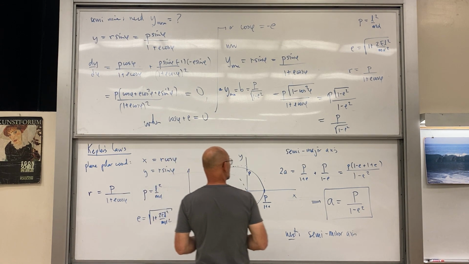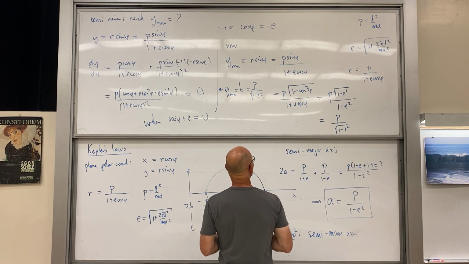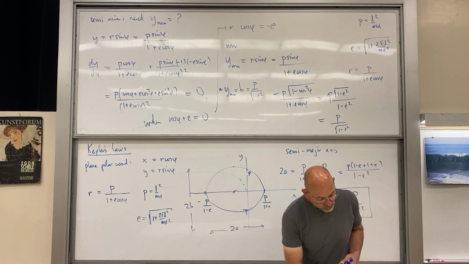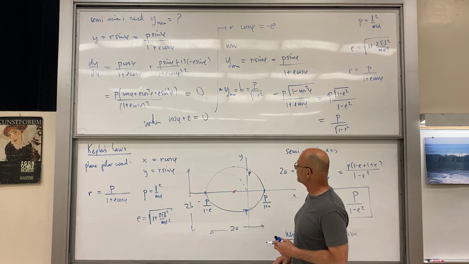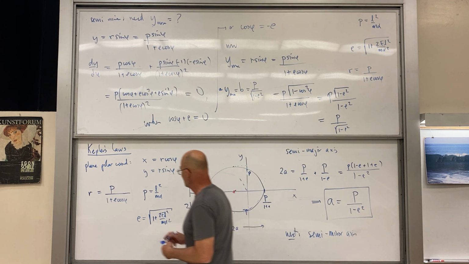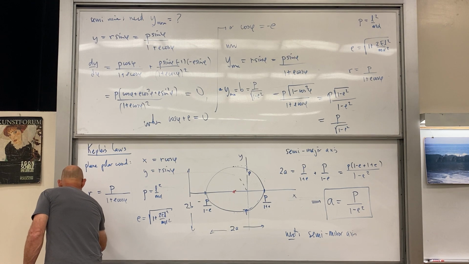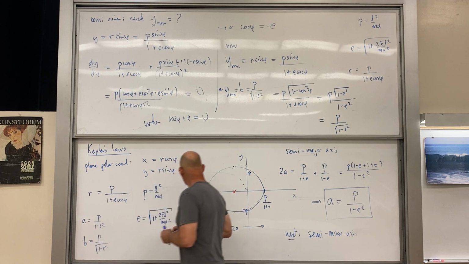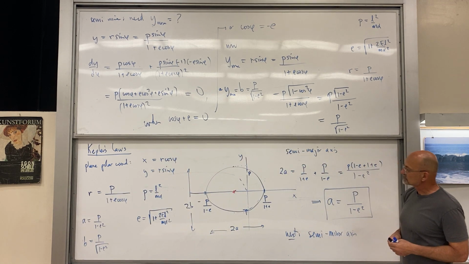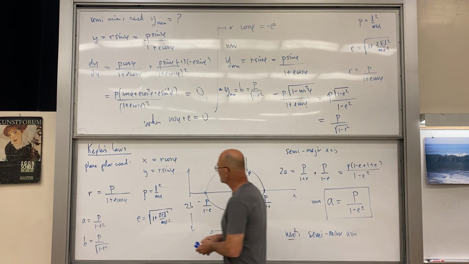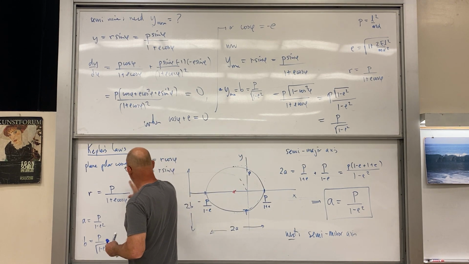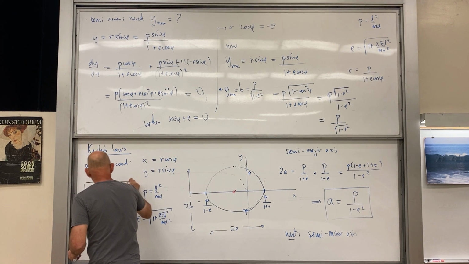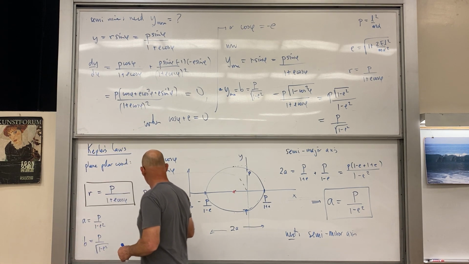And then we'll fit in the b and the a as well. A and b now. So a is p over 1 minus e squared. b is p over root 1 minus e squared. So we have everything here. Put some boxes around here. And polar coordinates. There is that result.